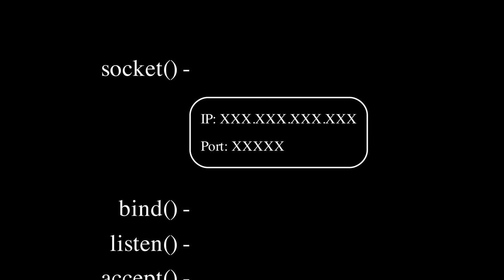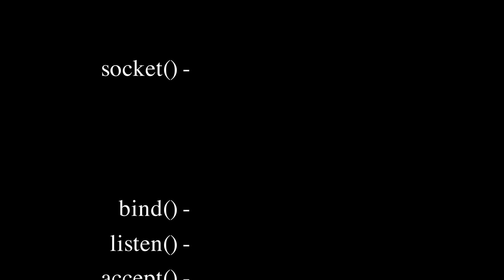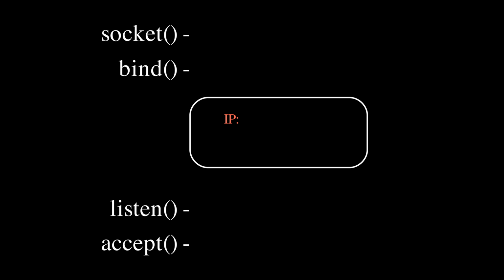A socket is a place where another machine can connect to. An individual socket exists on both the client and the server. This function spits out a number which can be used to reference the socket at a later time. A socket consists of an IP address and a port number. Bind takes the socket and assigns it both of these things.